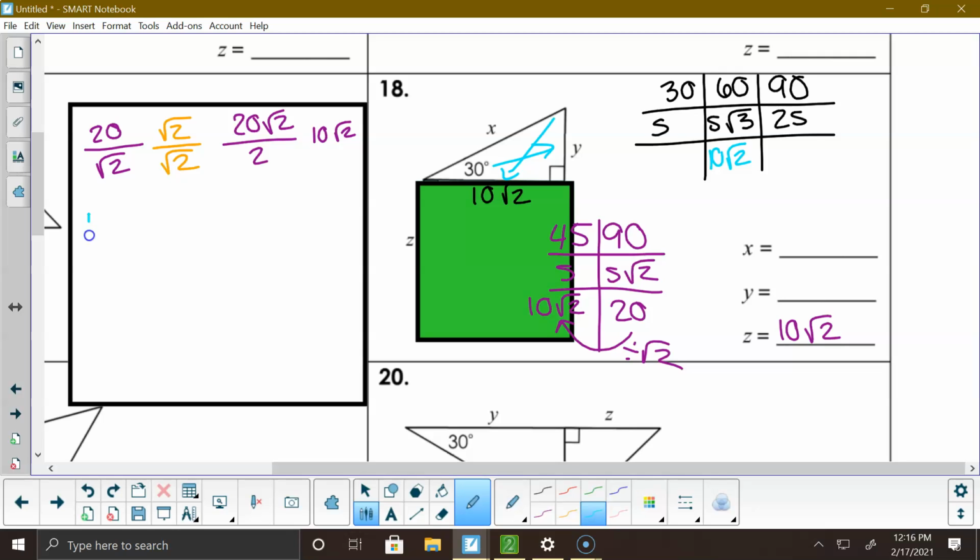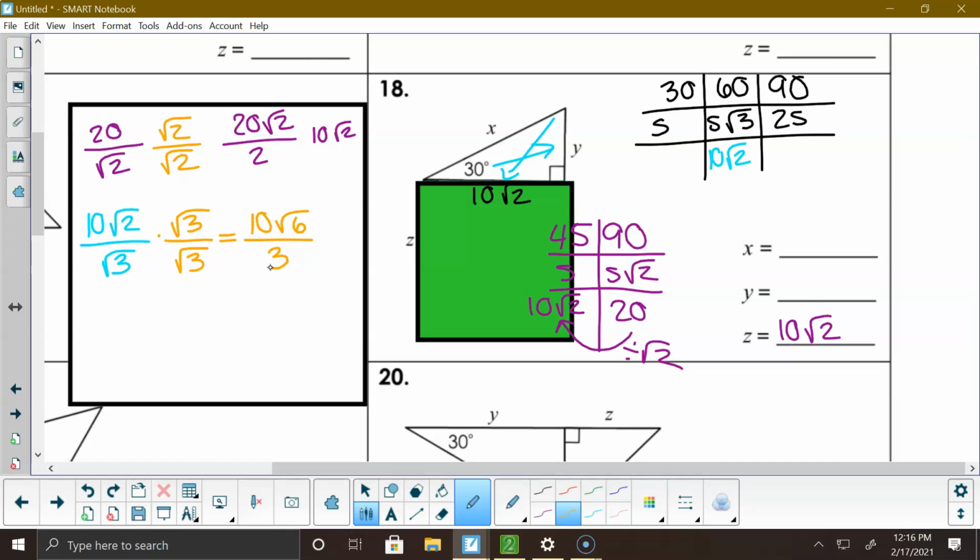How do I get it back to 30? And it looks hideous like this, right? But what do I need to multiply? It's whatever's on the denominator. So it's 10 square root 2 over square root of 9, and the square root of 9 is 3. Can I simplify that any further? No. Leave the ugliness alone.